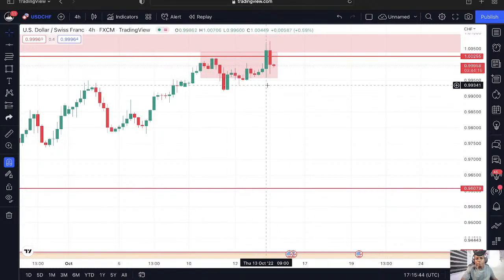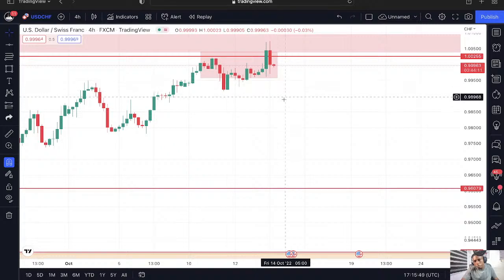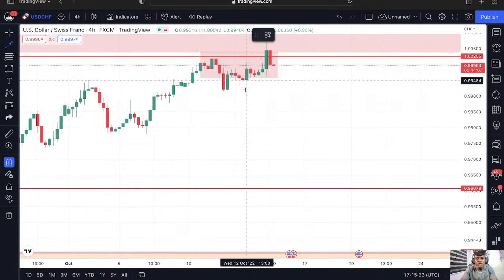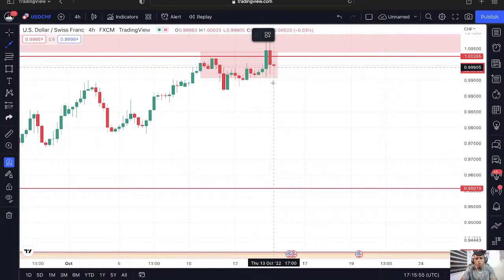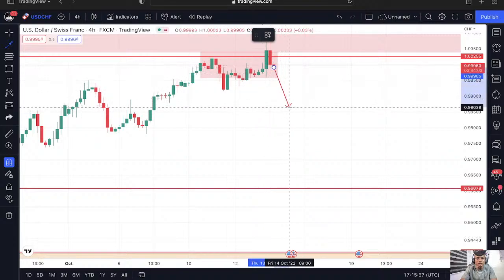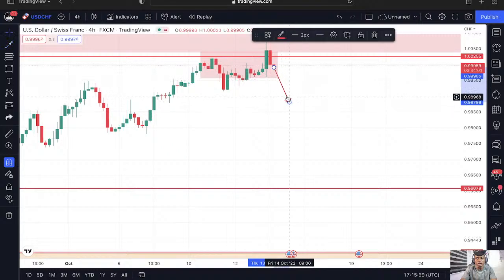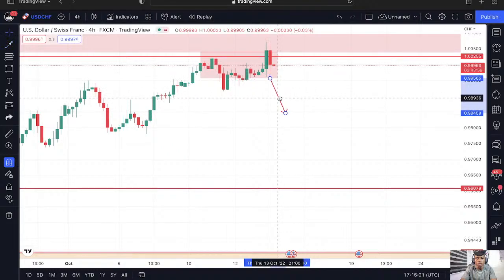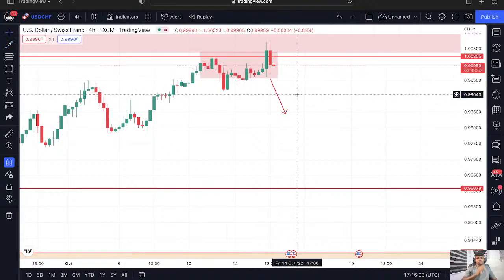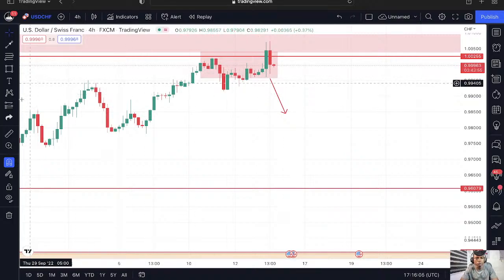When price breaks out of this region, it's a good time to sell. When price breaks out of this candlestick, it's a good time to sell.